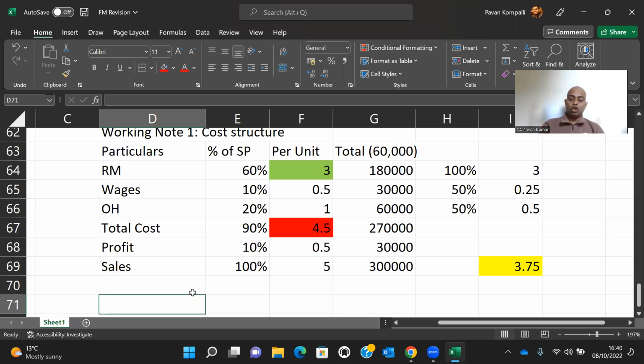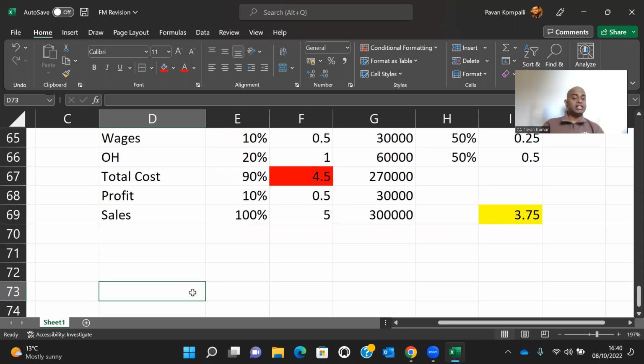Okay, so write down, note: debtors are calculated on total cost. Sorry, I said total sales, that is for CMA students. For CA students, I was having a CMA class a few days back for Kolkata, for the head office all over India. For CA students, debtors are calculated on total cost.